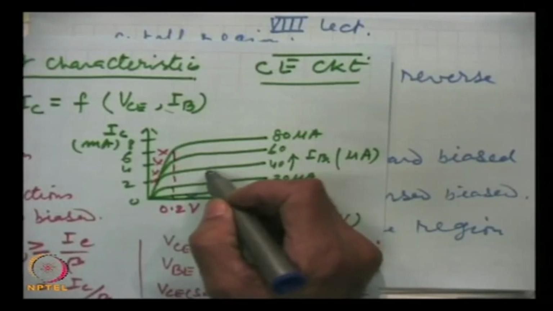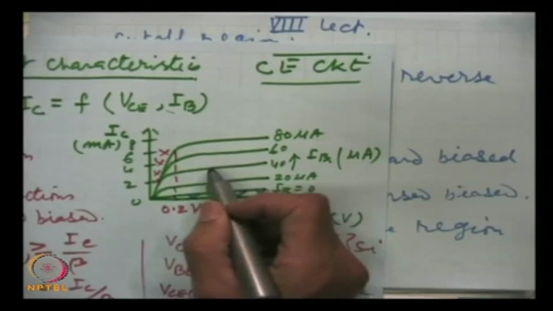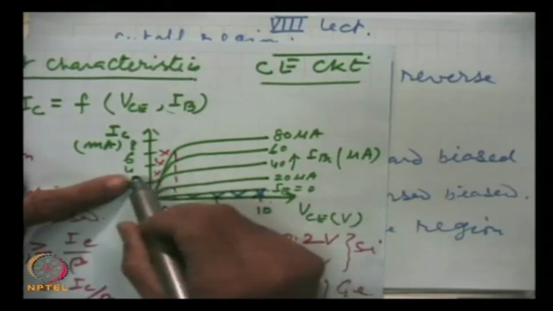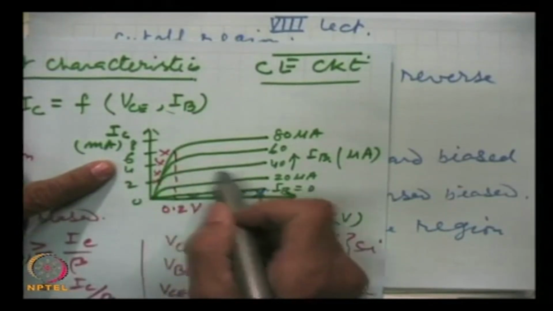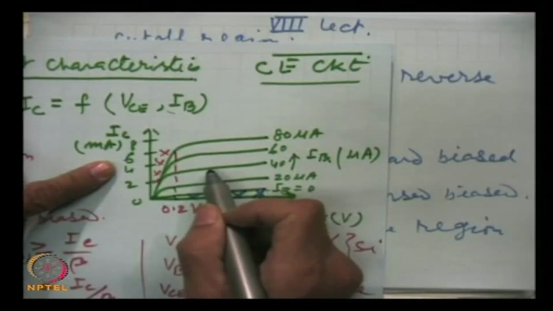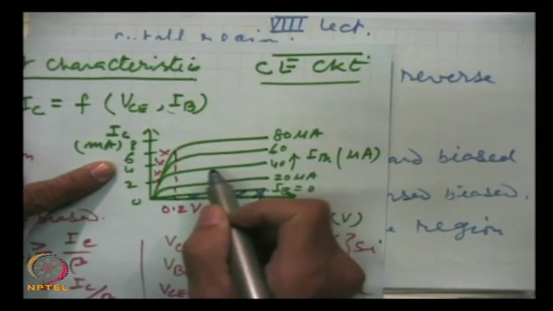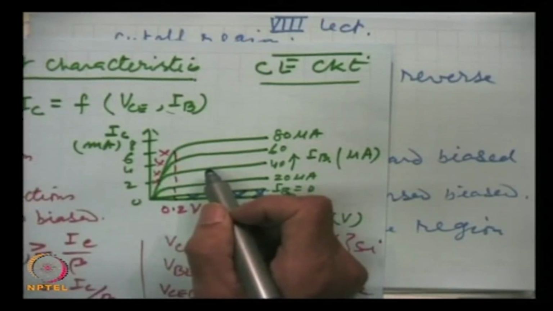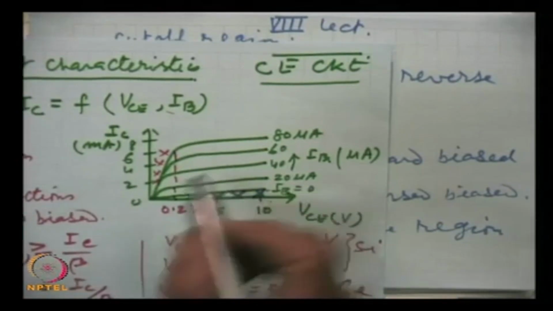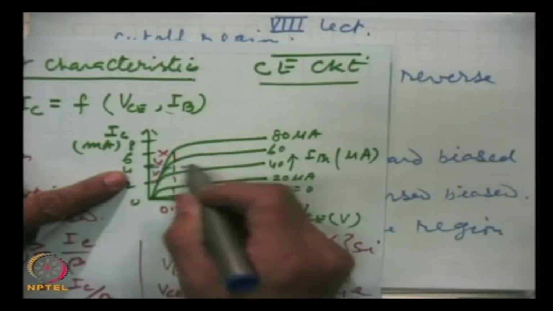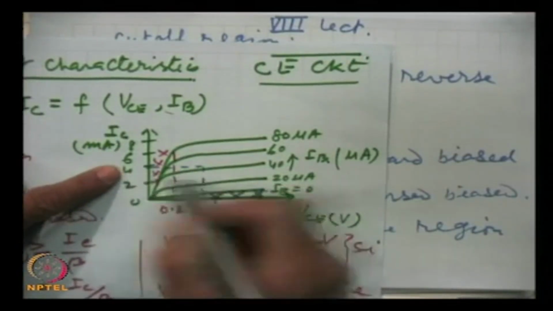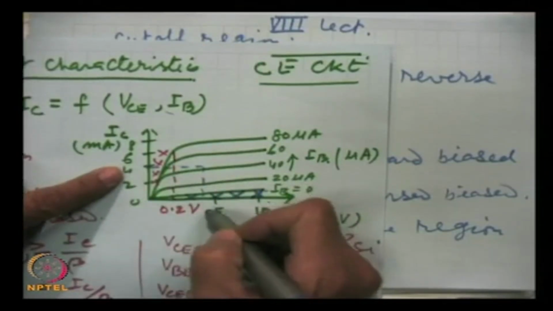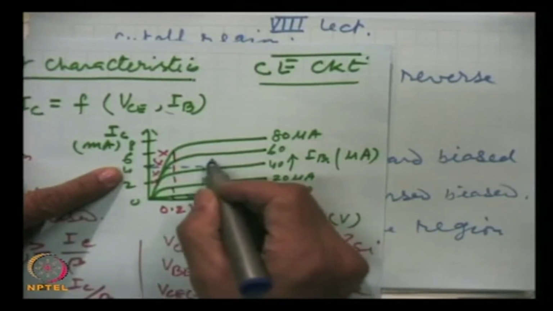Once we fix a circuit, in the sense of what the DC output current is and the corresponding input current, this is to be chosen for the circuit, and then over that we have to superimpose the AC signal. Choosing the DC output current and input current is called the Q point.